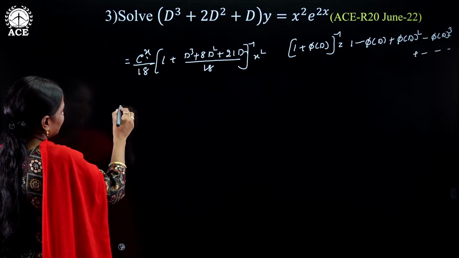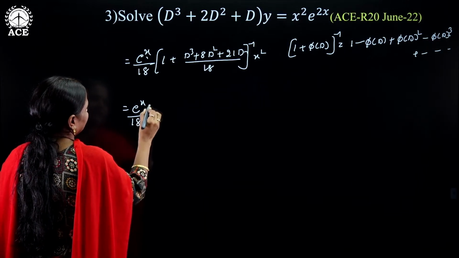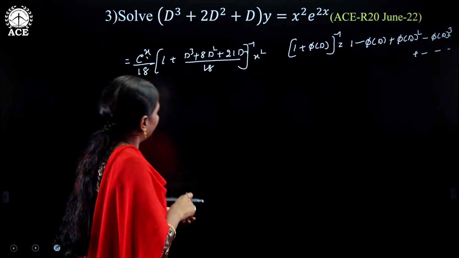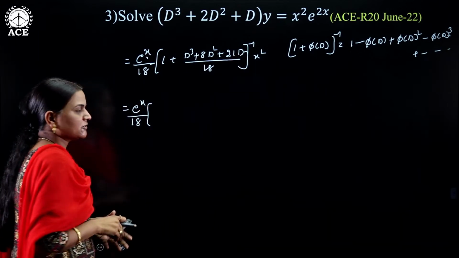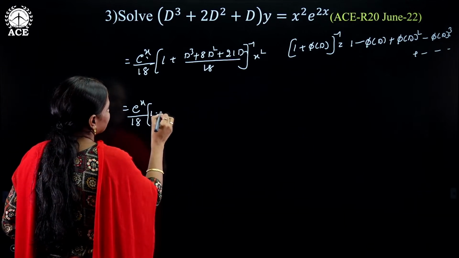So what is the expansion of this one? Which is equal to e power x by 18 into (1 plus phi of D) whole inverse, 1 minus phi of D. So now here, what is the phi of D? This total term, (D cube plus 8D square plus 21D) by 18, is the phi of D. So 1 minus phi of D.